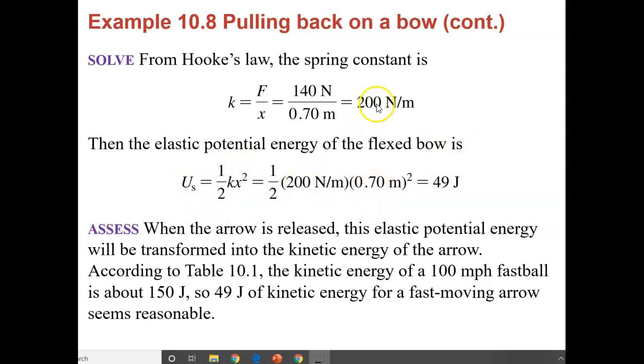Now you know the spring constant. So 0.7 squared times 200 newtons per meter, and take a half of that, and you get 49 joules. Okay. And if you look in your book, kinetic energy of a 100 mile an hour fastball is about 150 joules. So 49 joules is about a third of that.